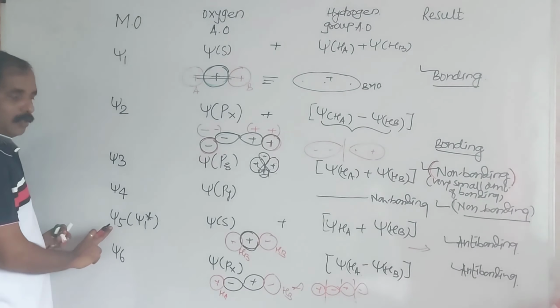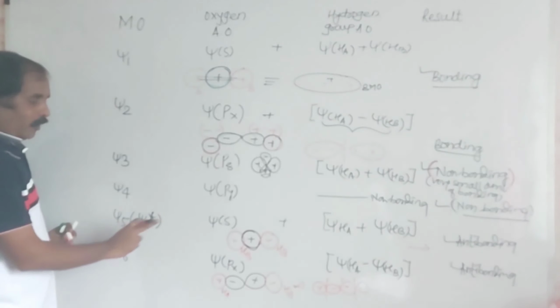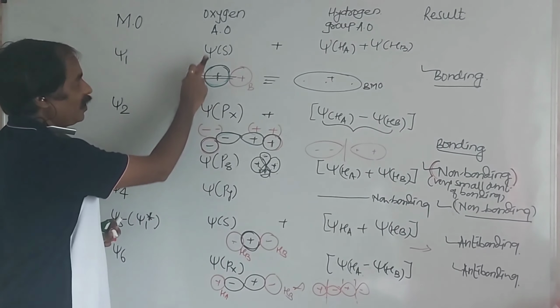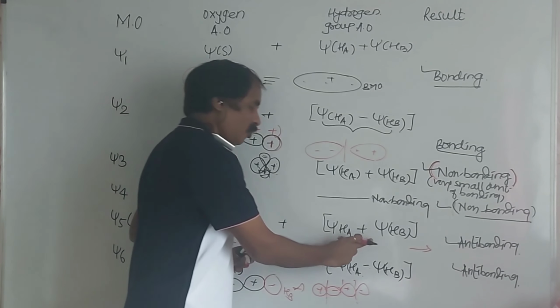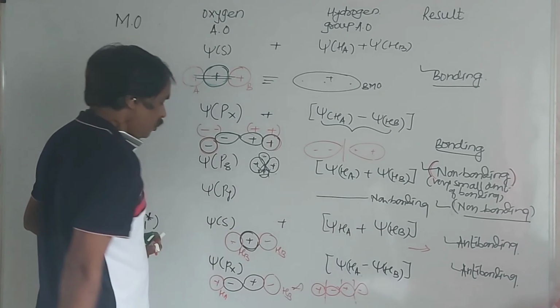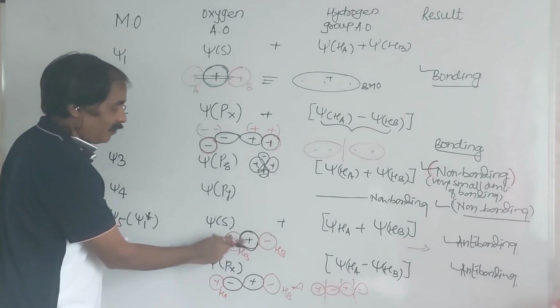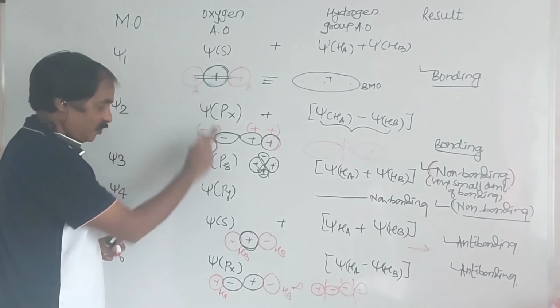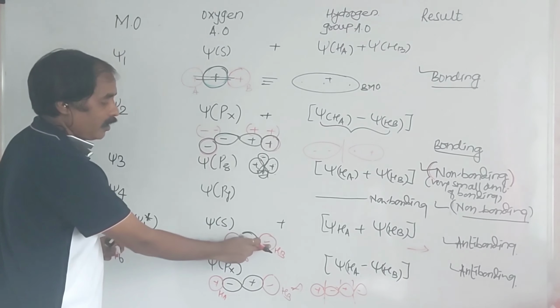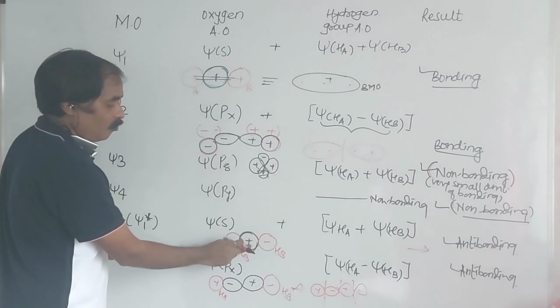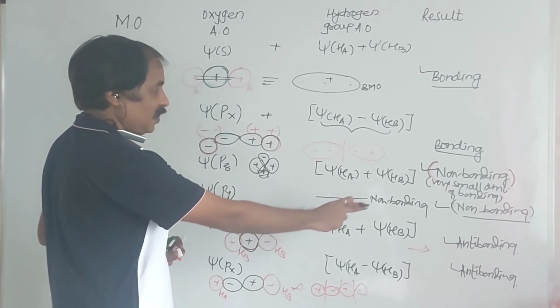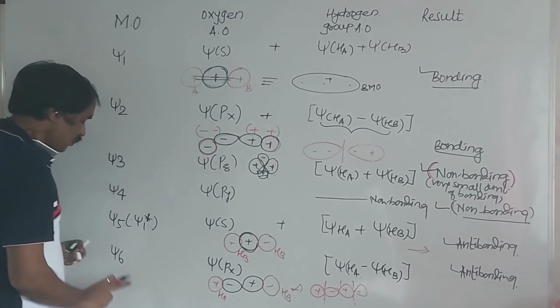Psi 5. Now this is about anti-bonding. I have taken here the wave function of the s atomic orbital of oxygen and group atomic orbitals of hydrogen having the same sign. But here I have taken the positive wave function of oxygen in case of s, and here negative. So negative, positive, negative, there is subtraction and formation of anti-bonding. And in case of what?